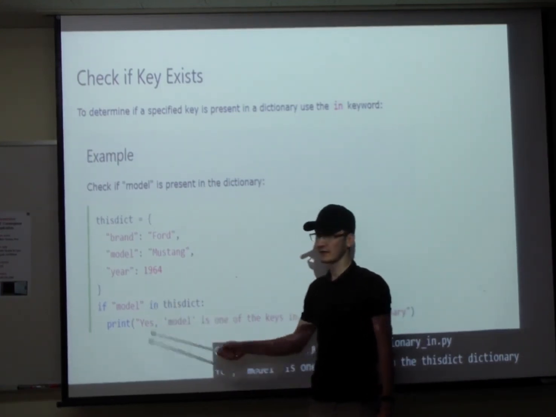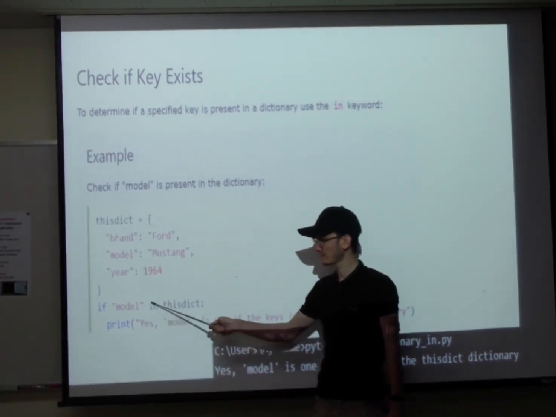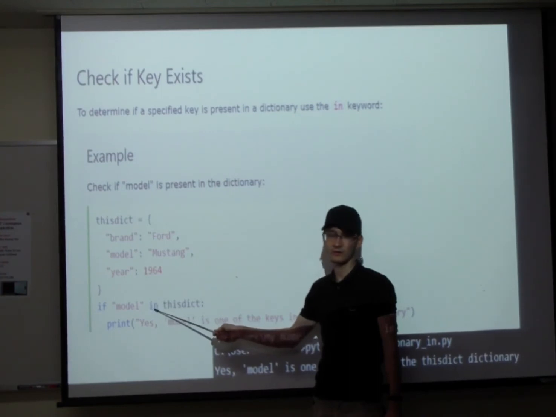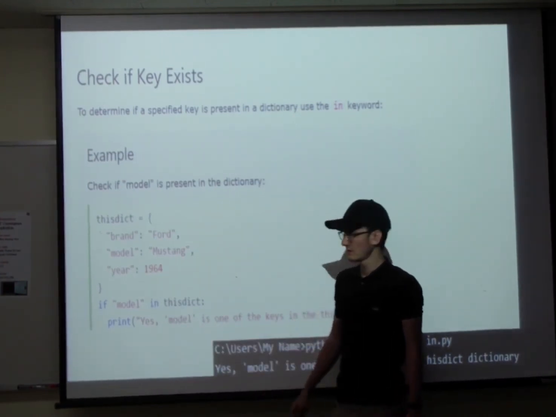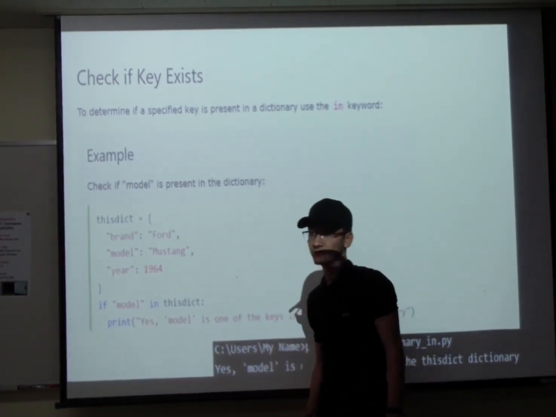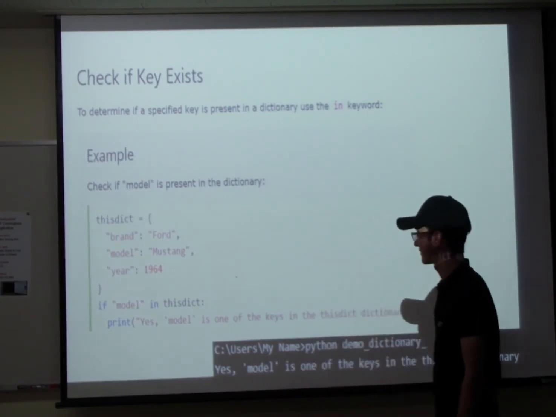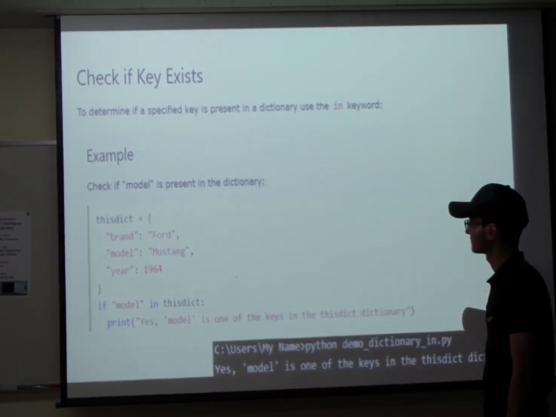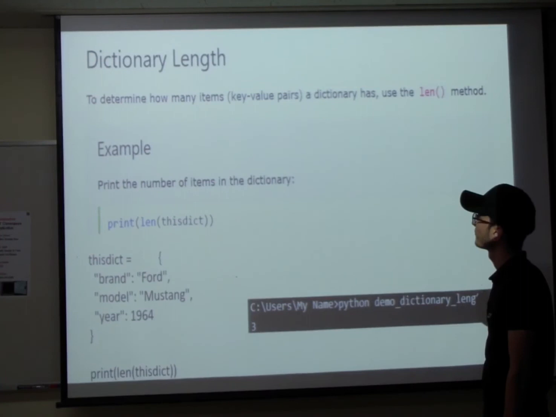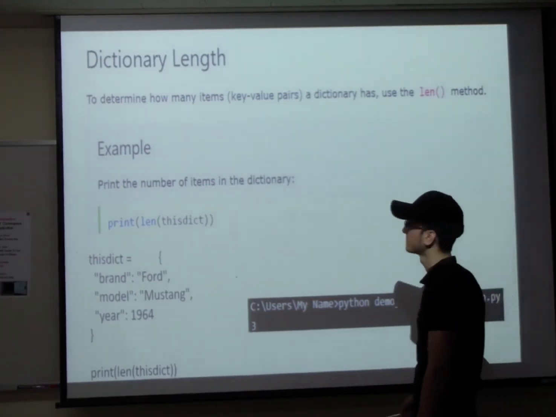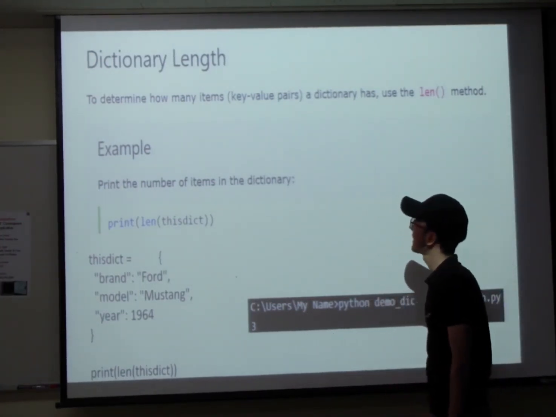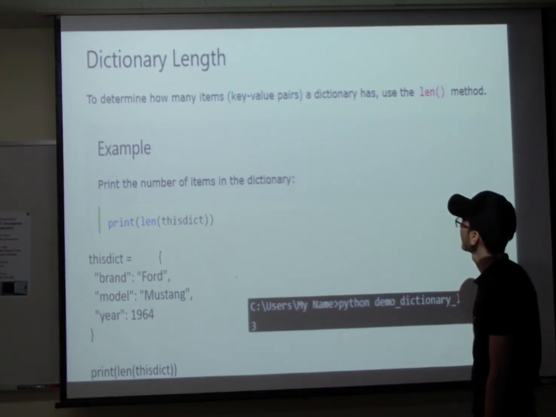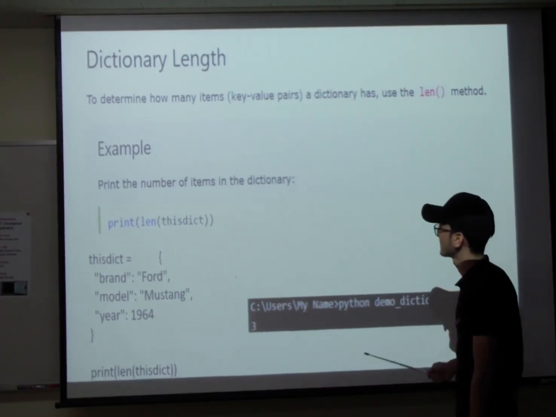So by using in, this is also one command. It will check whether your object is present or not. Now, dictionary length. To determine how many items, key-value pairs, a dictionary has, use the len method.